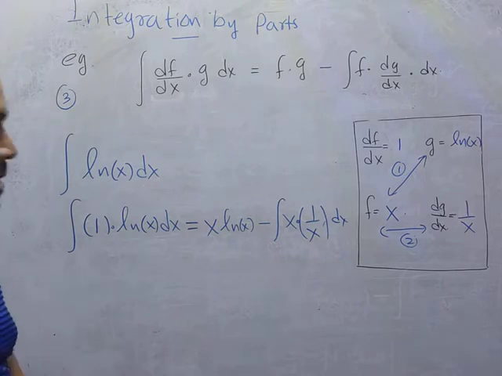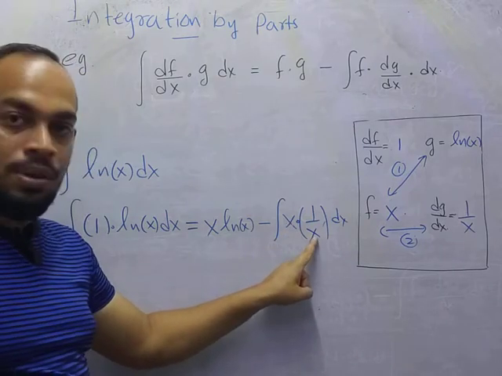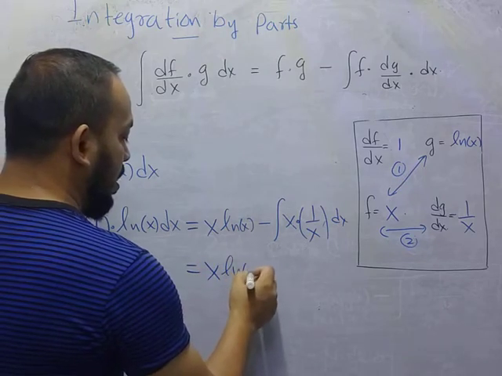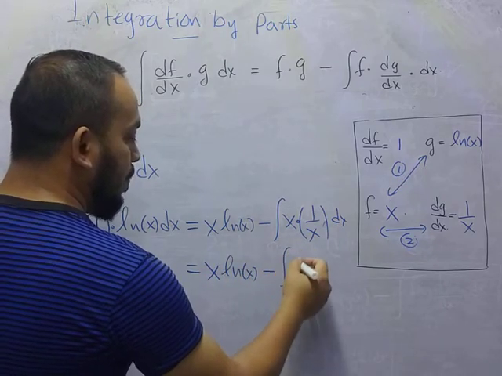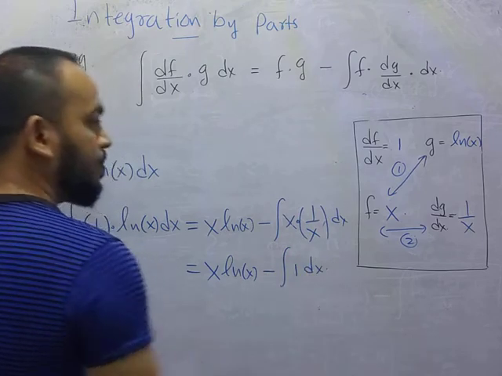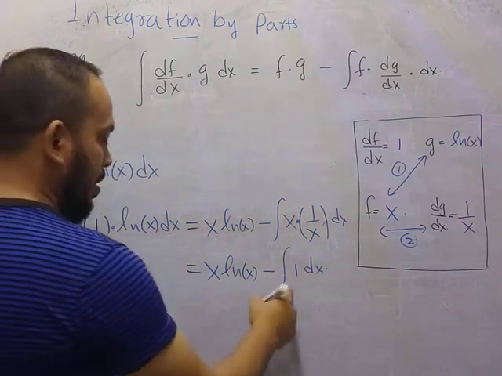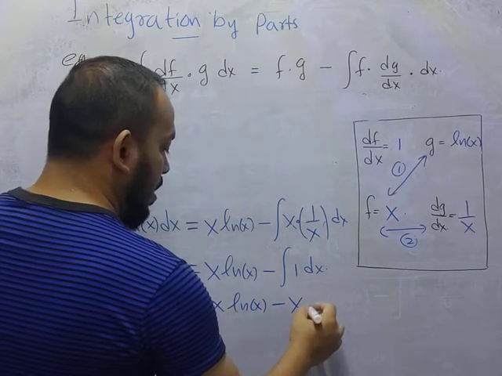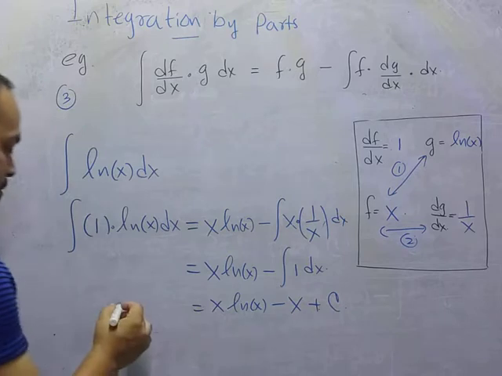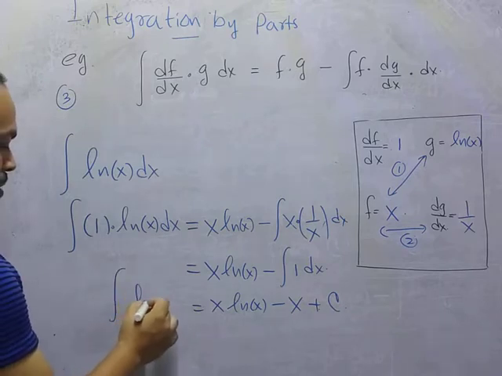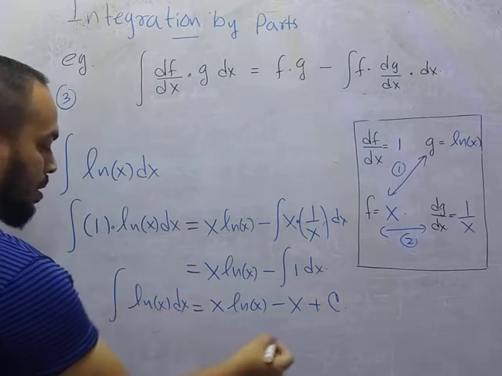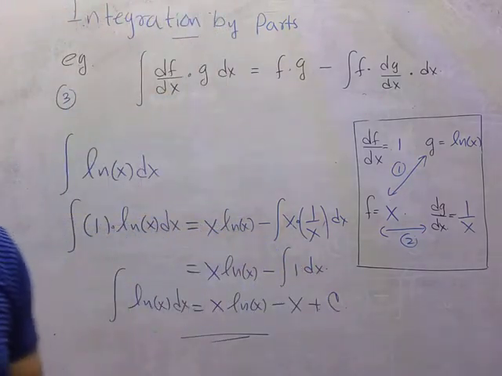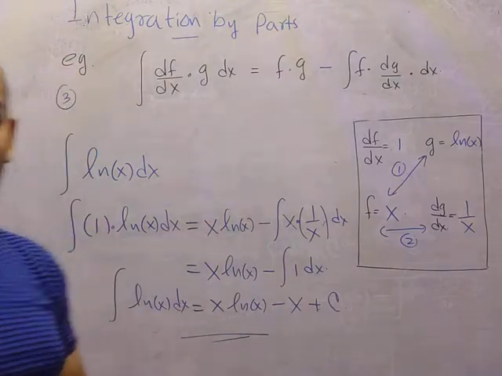Now what happens is that this x cancels out this x, so x times ln x minus integral of 1 dx. So what is integral of 1? Integral of 1 is just x plus constant c. So this is the integral of ln x. See, this technique is very beautiful.